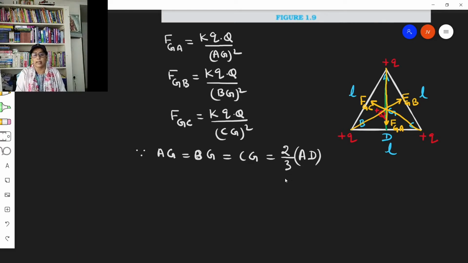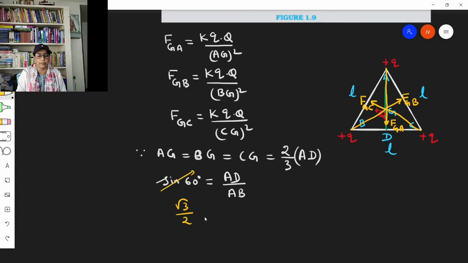In triangle ADB, angle B is 60. So because it's an equilateral triangle, angle A, angle B, angle C, all of them are 60 each. So sine 60 is opposite by hypotenuse. Sine 60 is √3 by 2.